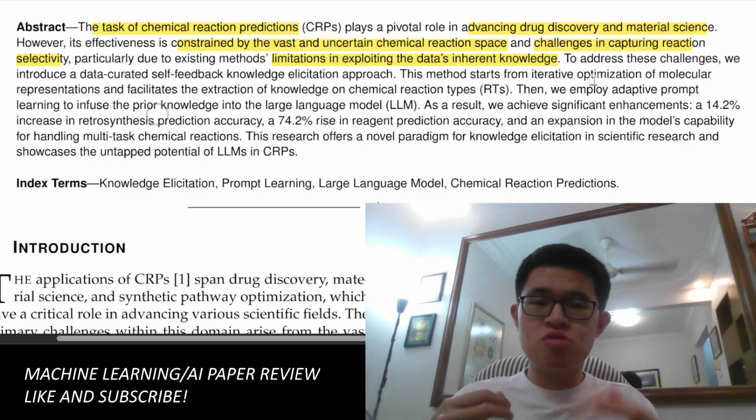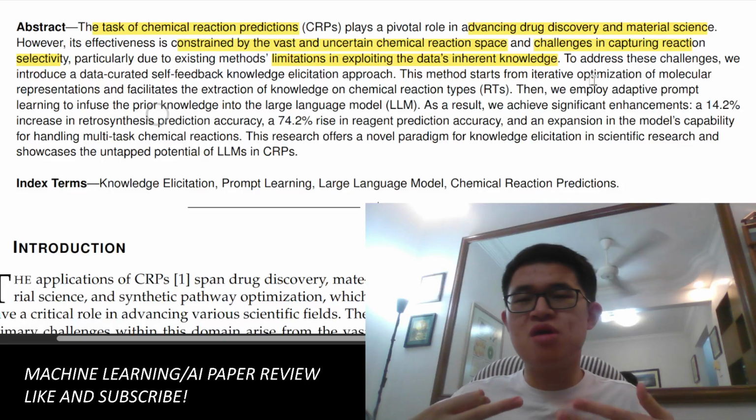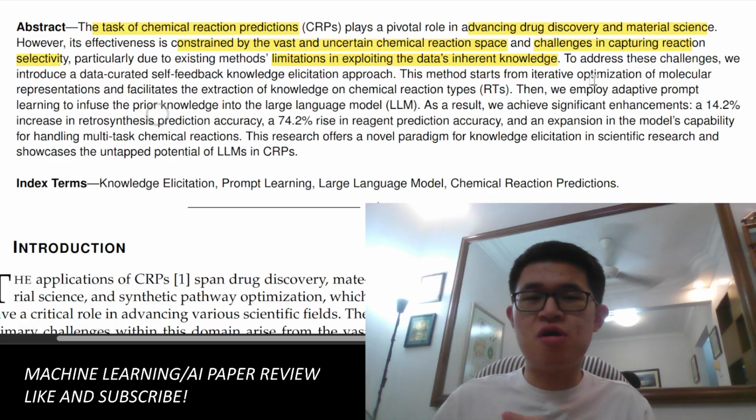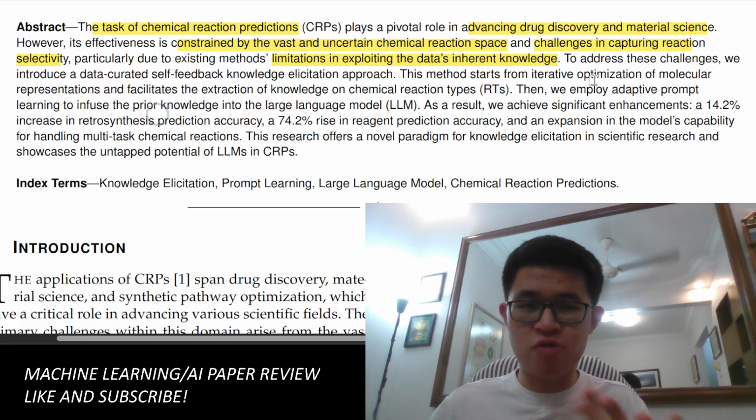So when you do a chemical reaction, there are a lot of ways that it can go, and it's kind of hard to predict where it could go.